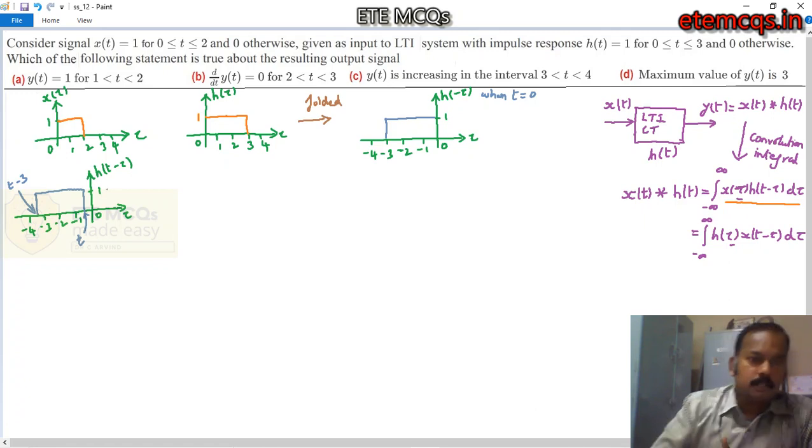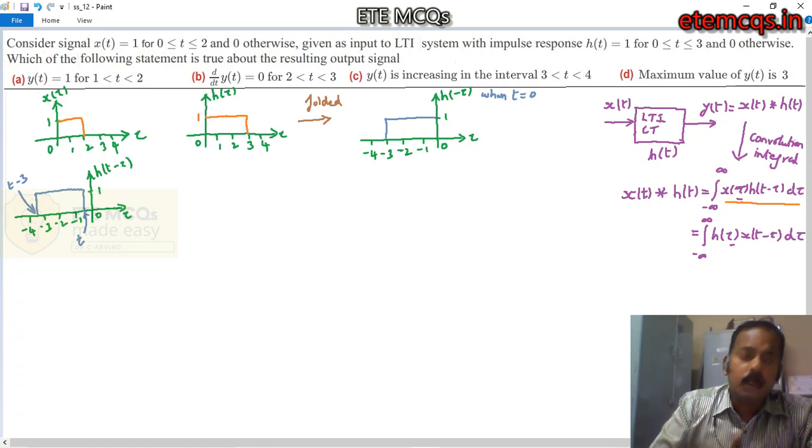Now let us consider the case where t is less than 0. We have just taken this to be t. When t is less than 0, t is somewhere less than 0, and when you think about the overlap of this h of t minus tau with this x of tau, there is no overlap, because the signal x of tau doesn't exist for negative values of tau.